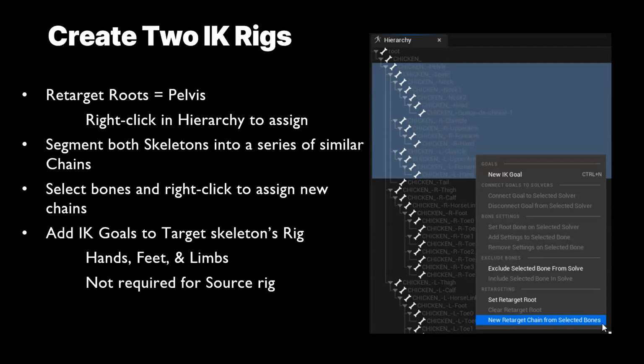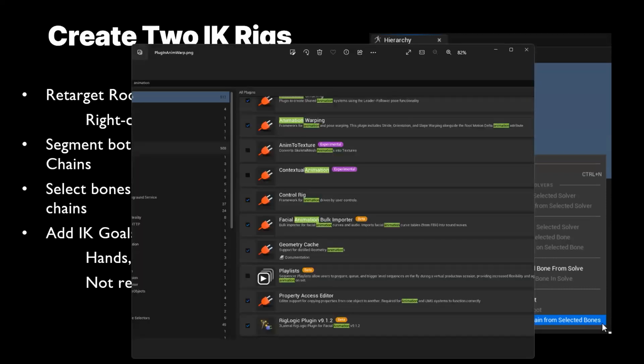You need to make sure the Metahuman plugin is set up, and then also animation warping if you're going to be doing the foot warping, stride warping, pose warping. So make sure that this is selected. It won't be selected in the project.